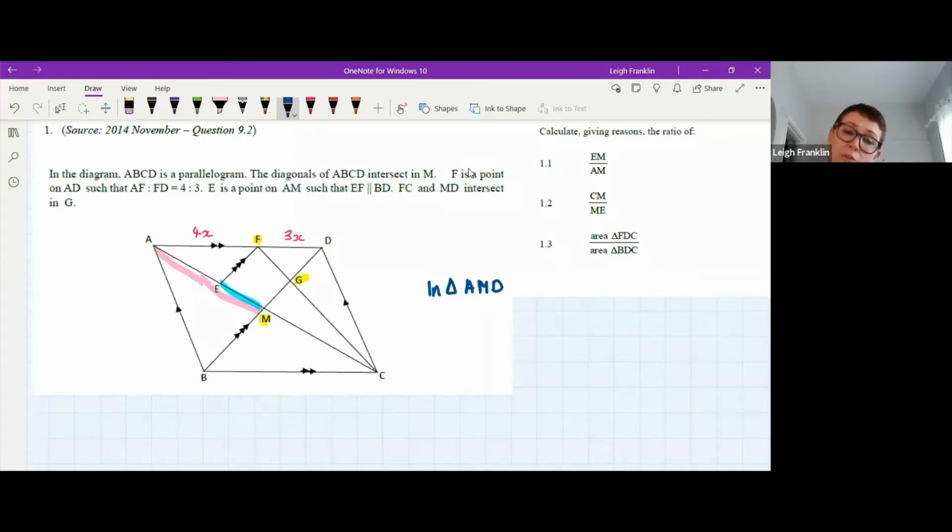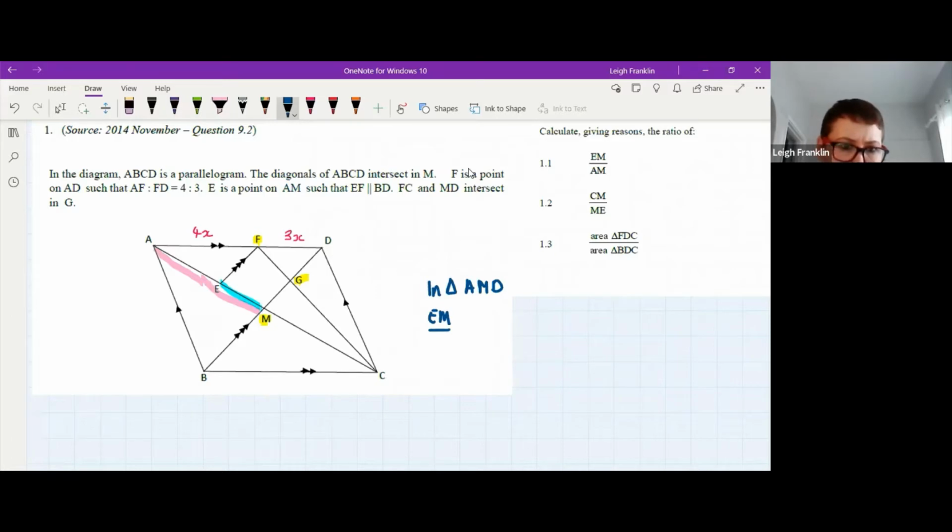So it's going to cut the remaining two sides, in other words, sides AD and AM, into the same proportions. So we're working in triangle AMD, lovely. And what can we say about EM over AM? What is it equal to? FD over FA.